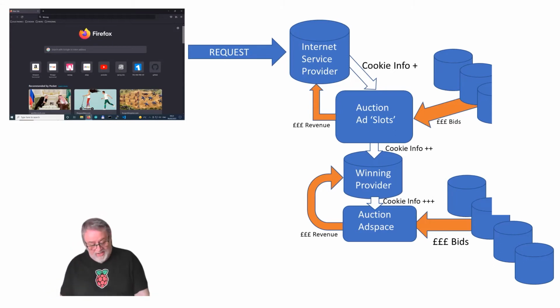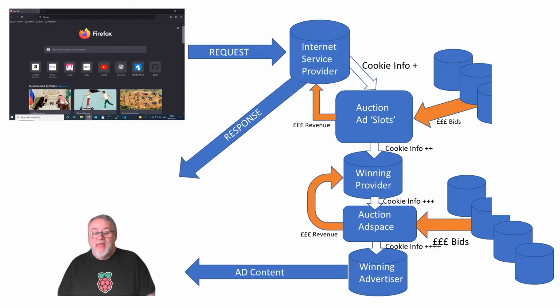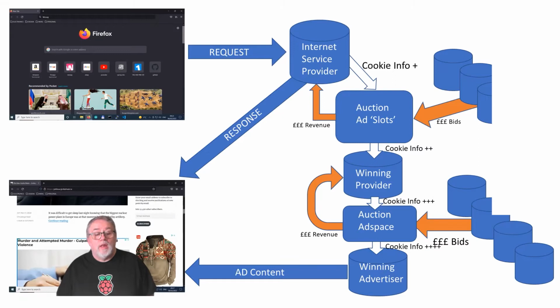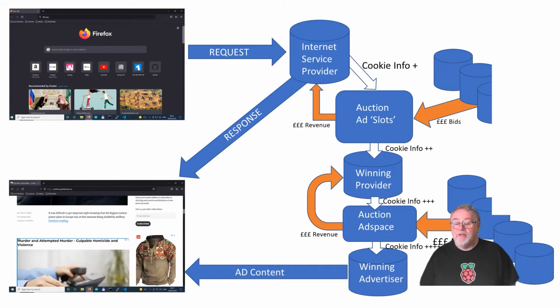And eventually the advertiser who wins gets to send ad content to you along with the response from your ISP. I'm going to sit among the advertisers for a wee while.